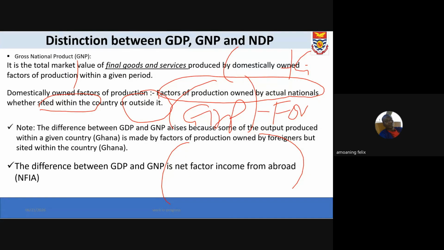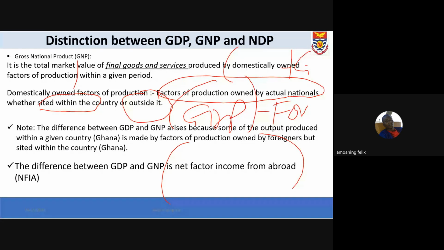The net factor income from abroad is the difference between the factor income, meaning the income that goes to the factors of production, that is being accrued to foreigners who are in Ghana, and the factor income that is being accrued to Ghanaians or nationals who are living in foreign countries.